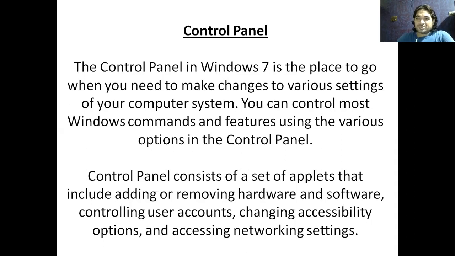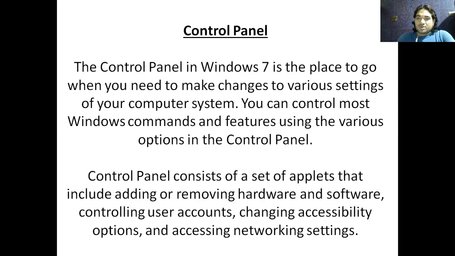The only difference is that you click on start, all programs, then go to control panel. In that, add remove program, and then finally you can remove or add whatever program you want. It can be any game, it can be antivirus, it can be particular software, Corel Draw, Photoshop, any option you can download. All these features are available in the control panel.